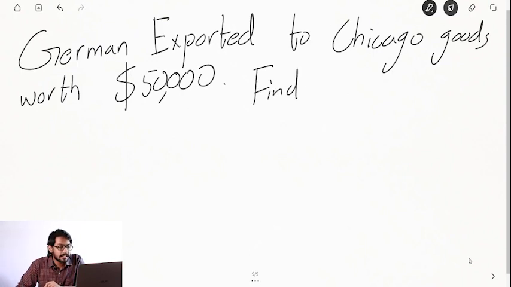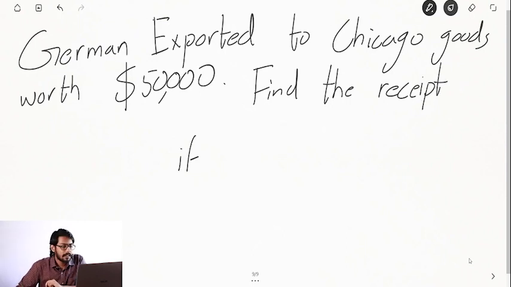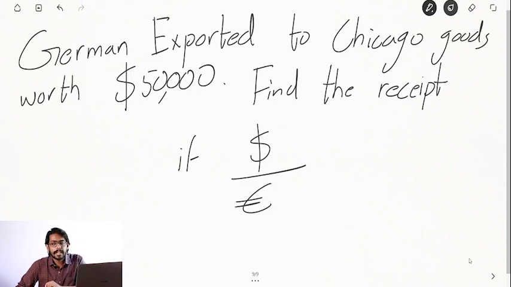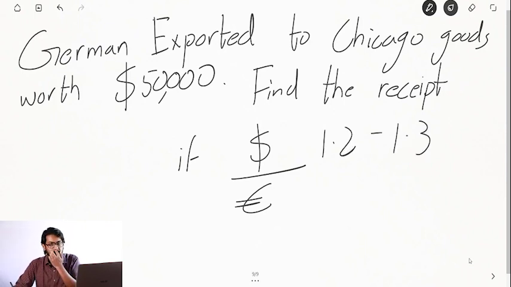Find the receipt. What is the currency of Germany? Germany is also in Europe, it's euro. Find the receipt if dollar by euro is 1.2, 1.3. Let's check that out.